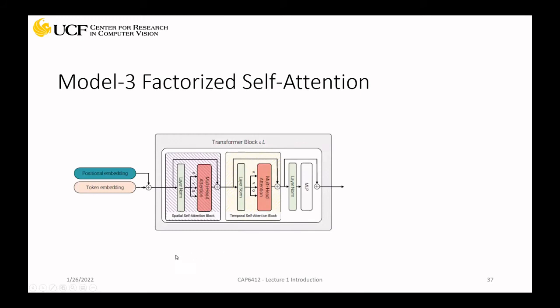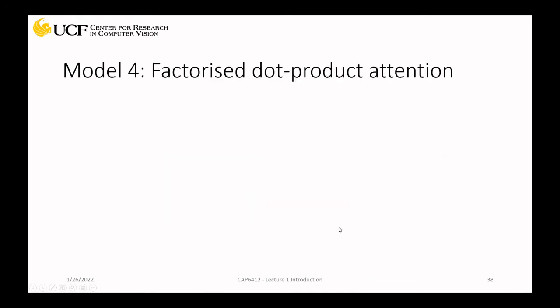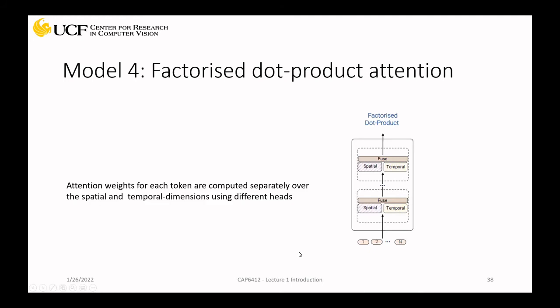So here they are doing the spatial self-attention block, and then they do temporal self-attention. That's model 3, which is shown here. Finally, model 4, which is spatial and temporal together. For each token, you compute separately over space and temporal dimension, and they have different heads for that.